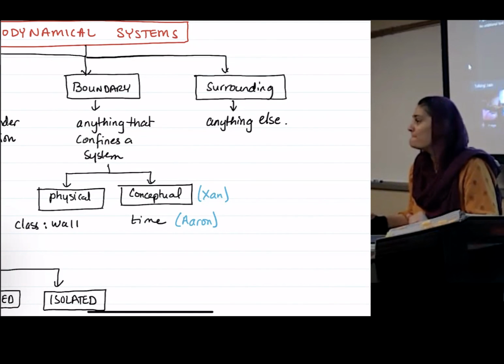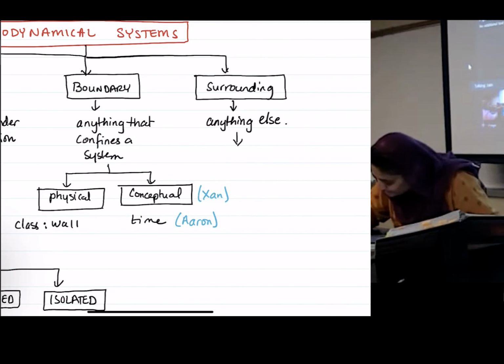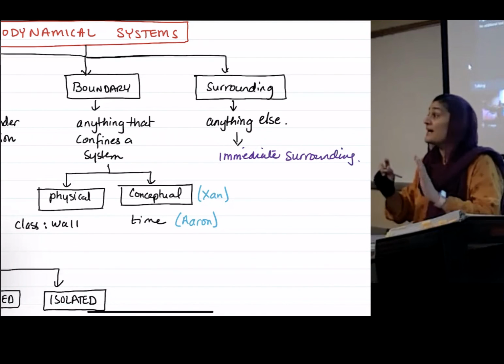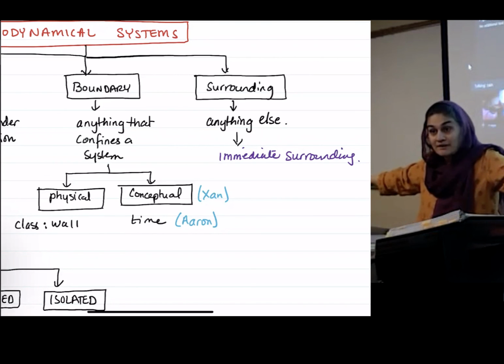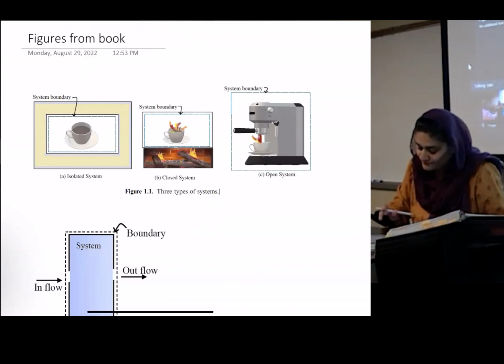Got it? So in this case, I'm going to call this, pick a color. Purple. Anything else? I'm going to call this immediate surroundings. Yes, everything else is a surrounding, but we're only concerned about immediate surroundings.